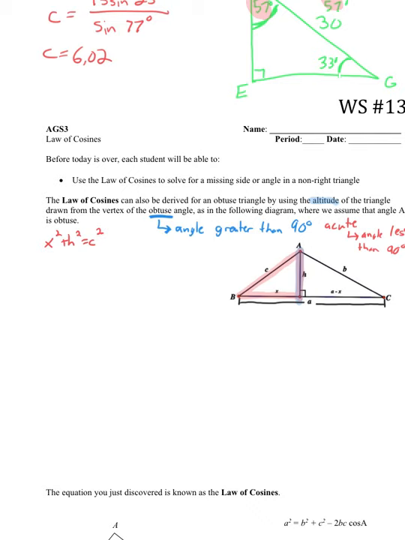The one common side that both of these triangles have is h. So I want to get h by itself in the equation. I can say h squared equals c squared minus x squared. That would be a great way to represent this equation in terms of h. And I'm going to do the exact same thing for the second triangle here.